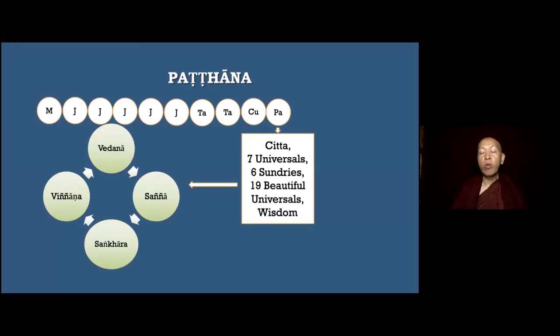So we have to review: feeling, one of the mental factors; then perception, one of the mental factors; then consciousness, citta, Vinnana Khanda; then all the others are Sankhara Khanda. So these four aggregates will support each other.